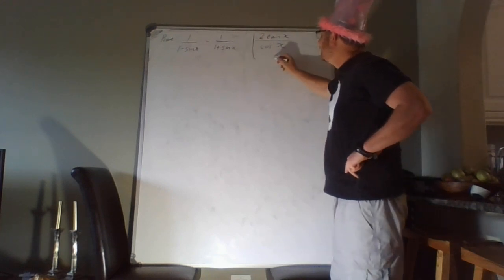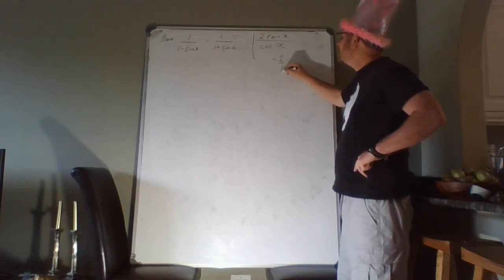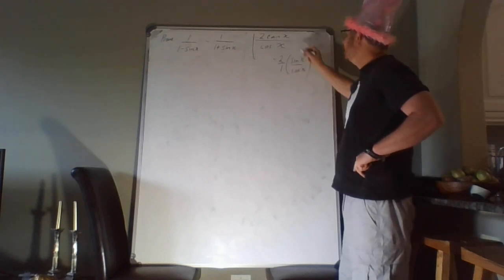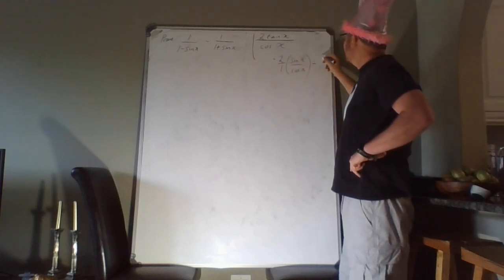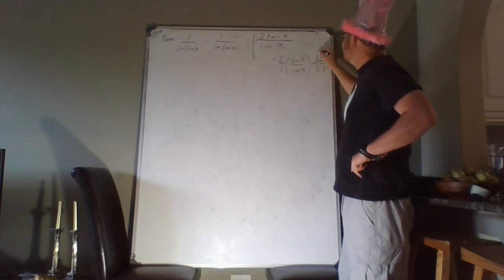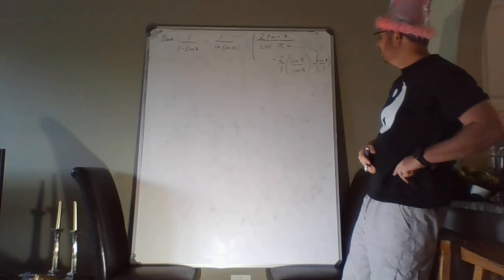Okay, and the right-hand side, well, I could go 2 tan x is the same thing as 2 over 1 times sine x over cos x. And instead of having that, I'm going to write divided by cos x over 1. Okay, that's the bottom bit over there. I've written a divide sign instead of that line.